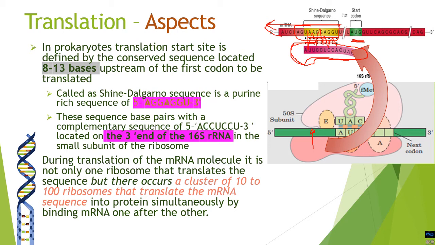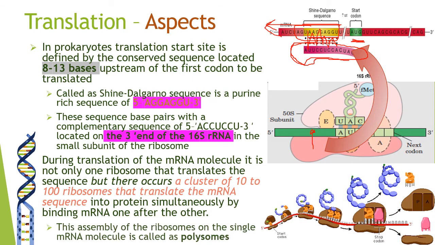The second aspect of the translation process is that it is not always only a single ribosome that binds to a single mRNA. Actually, the mRNA molecule is bound by clusters of ribosomes, usually 10 to 100. When this happens, they form a beads-on-a-string kind of structure, called polyribosomes. Essentially this is the mRNA which is read in the 5' to 3' direction.